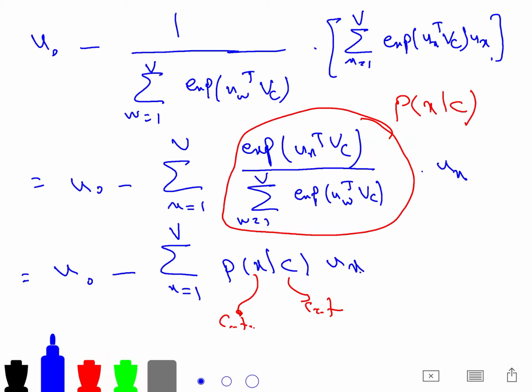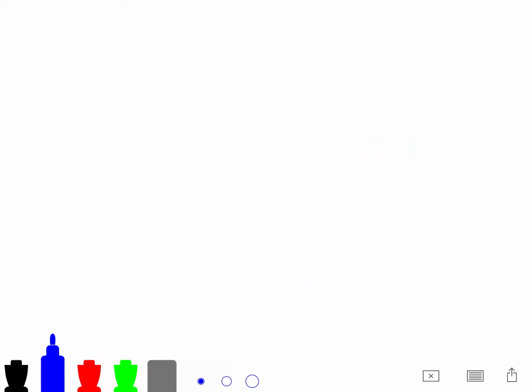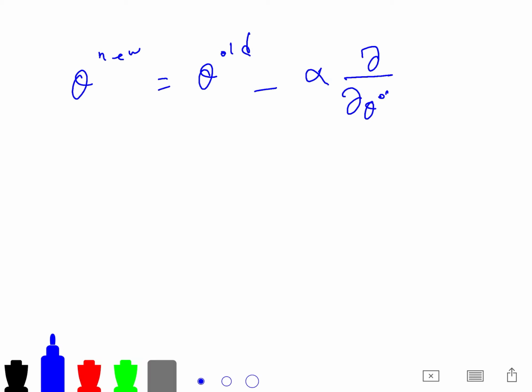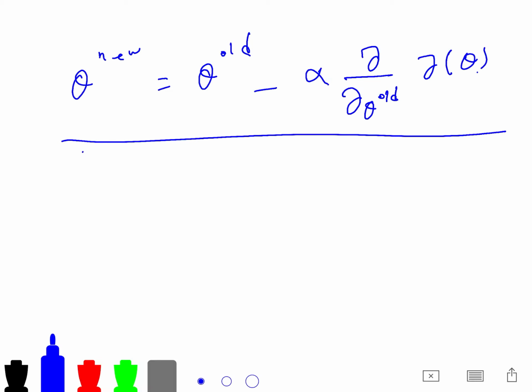What is that? You have theta new is theta old minus your step constant times the derivative with respect to theta of your J. And we minimize J by doing this iterative algorithm.